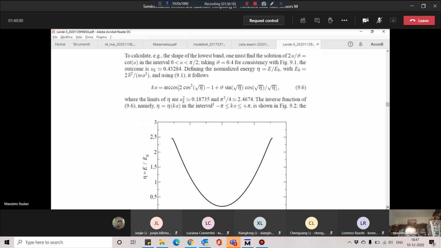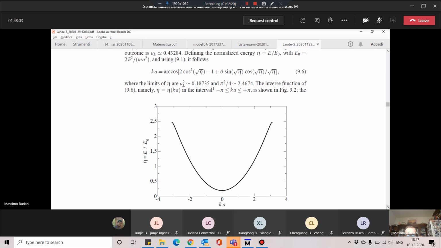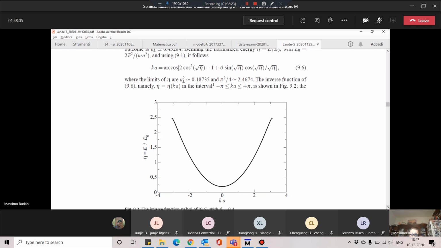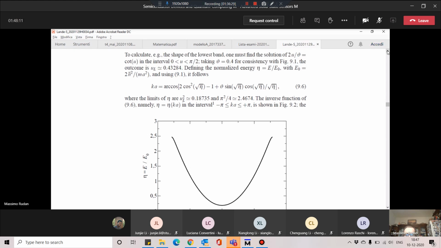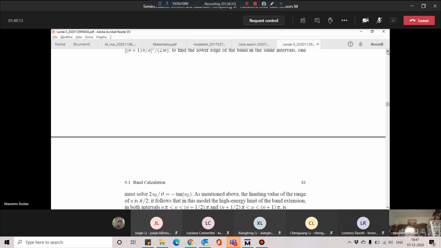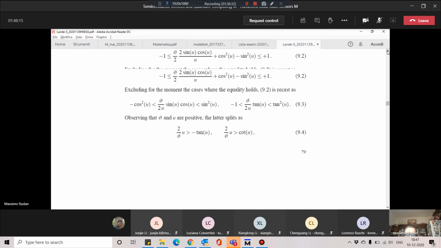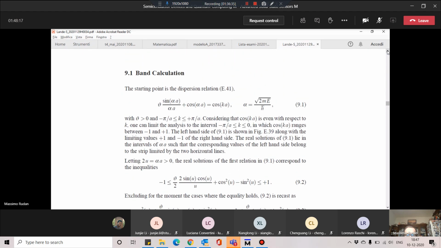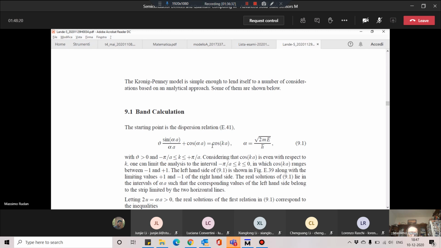The description of the band is very easy, because consider this equation. Okay, cosine of Ka equal to some function of energy.